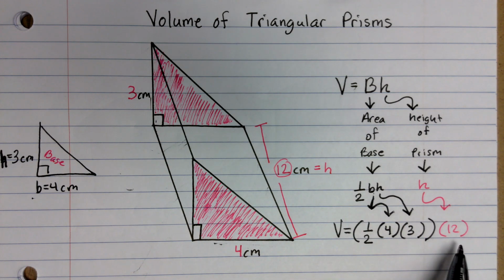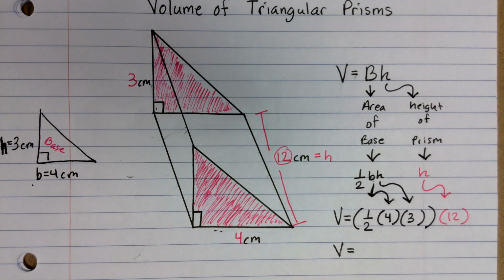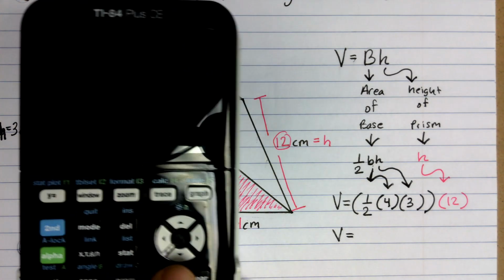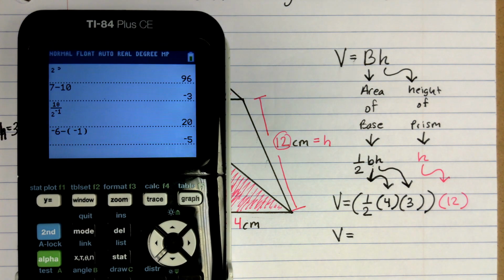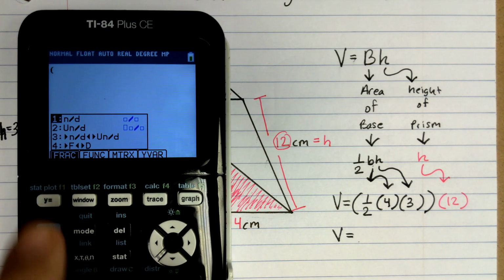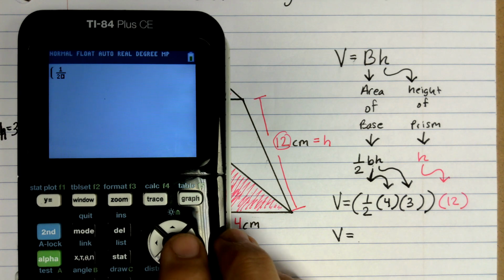So now we just need to put this in the calculator, just as it's written, and we'll have the volume of this triangular prism. So I'm going to get my calculator. First, I'm going to put my parenthesis, and then I'm going to put 1/2. I'm going to use alpha y equals enter to get a fraction bar, and put 1/2.